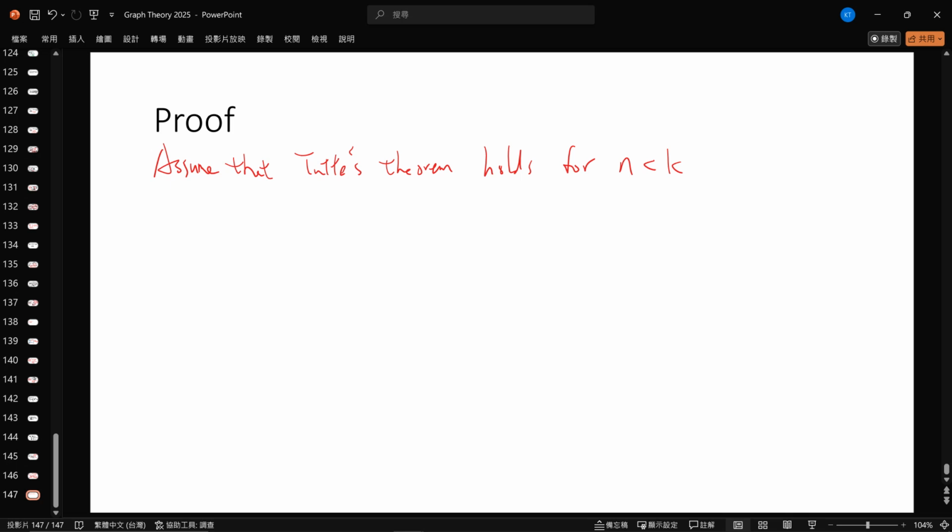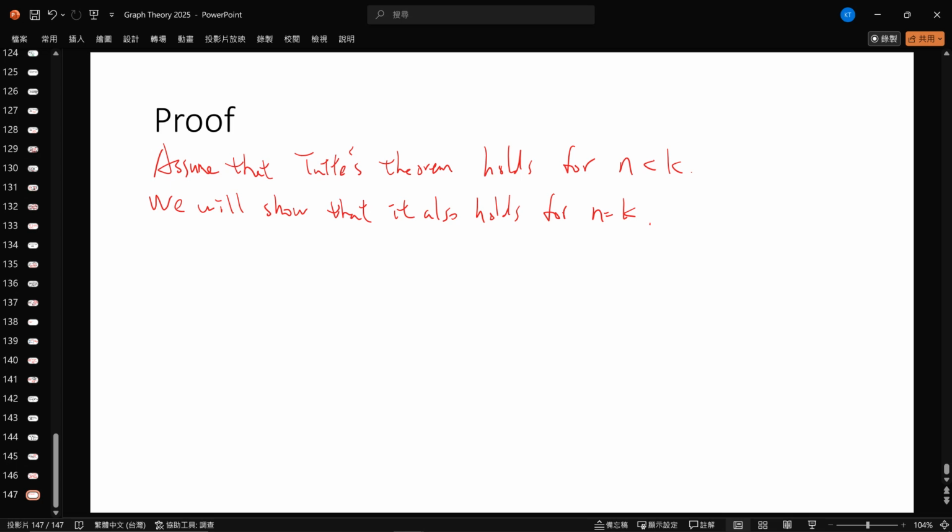And then we're going to prove that it also holds for n equals k. So by the idea of induction, we finish the proof.